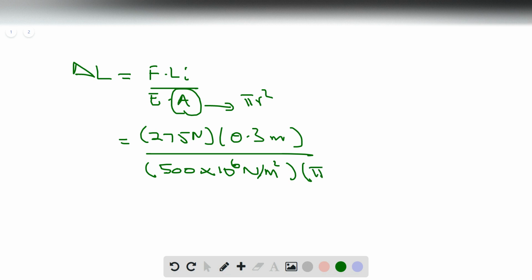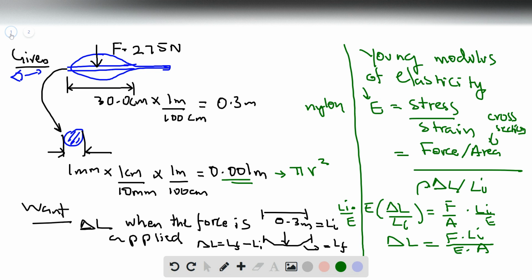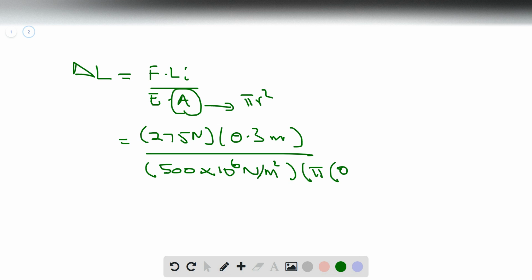So this is going to be pi times the radius. Remember, the radius is half the diameter, so to get the radius, we have to divide that value by 2. So we end up having 0.001 meter divided by 2, and then you square the result. So pi r squared.